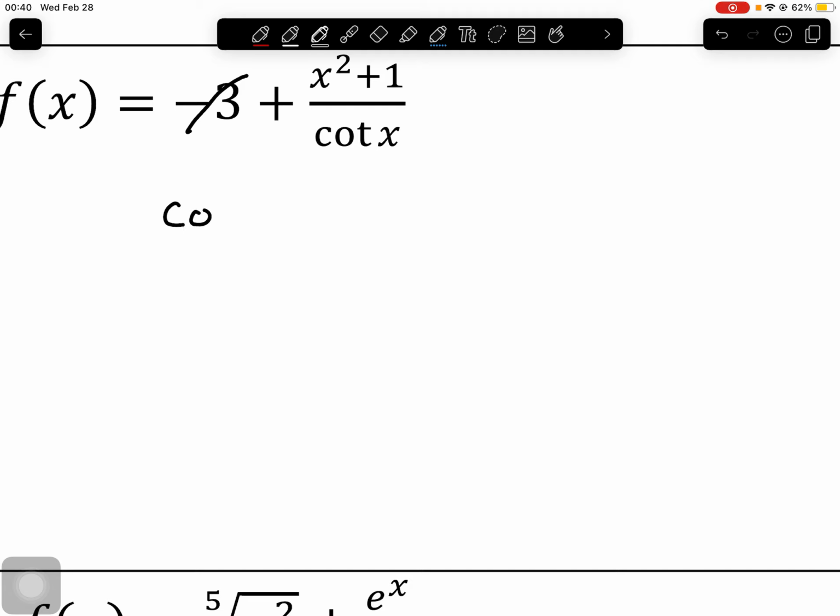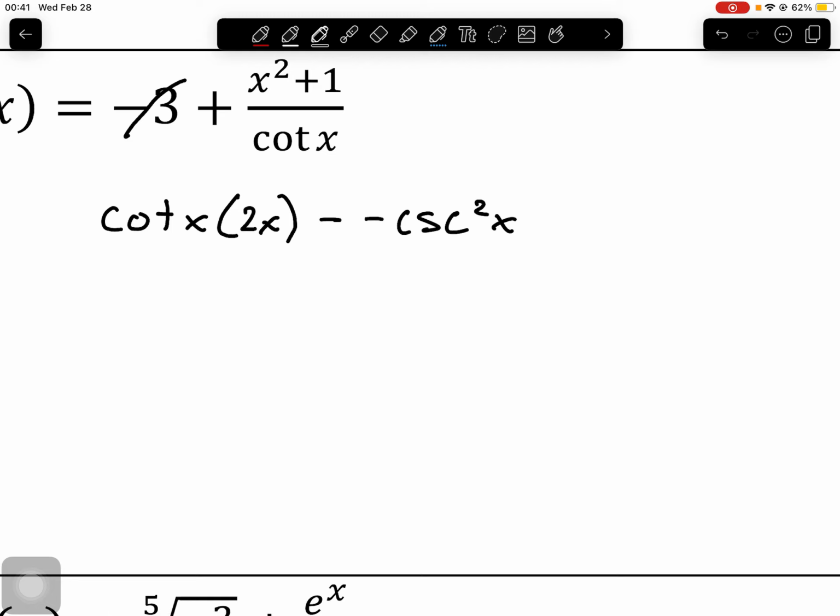So, that's going to be cotan x, parentheses, 2x, minus the cotangent is basically minus cosecant squared x, and then parentheses x squared plus 1.